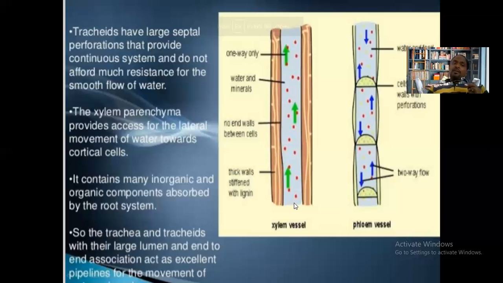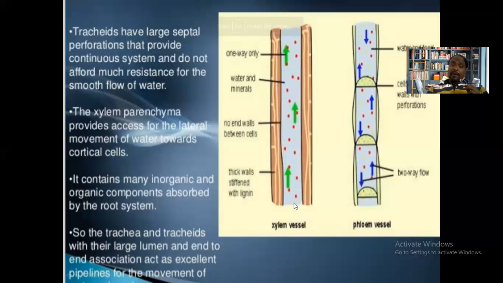It contains many inorganic and organic components which are absorbed by the root system. Once the water has entered the xylem, the xylem parenchyma, which is in contact with the xylem, transports the water to the cortical cells of the stem or branches. So the lateral movement of the water is carried out by the xylem parenchyma.